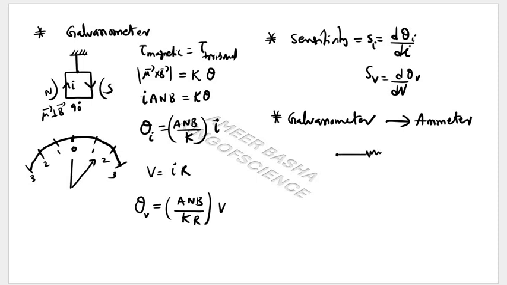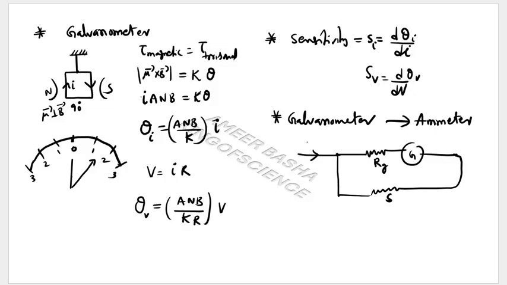The resistance of the galvanometer is Rg and I will indicate it with the symbol G. What I do here is shunt a small resistance S. Now assume that large currents are entering the circuit. The galvanometer only allows a little current, and the rest of the current goes to this small resistance. So these elements are in parallel combination.